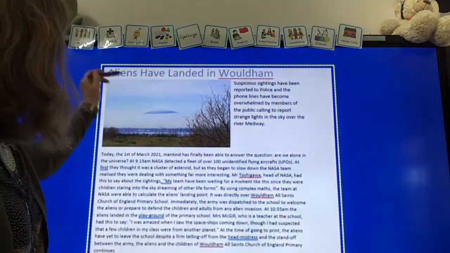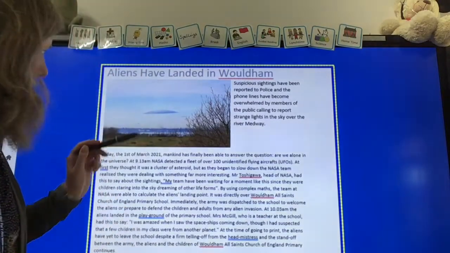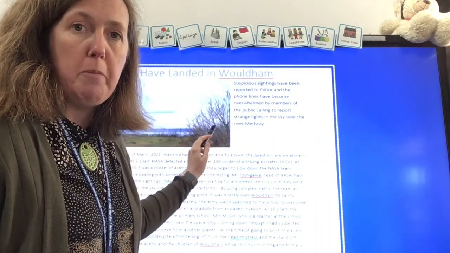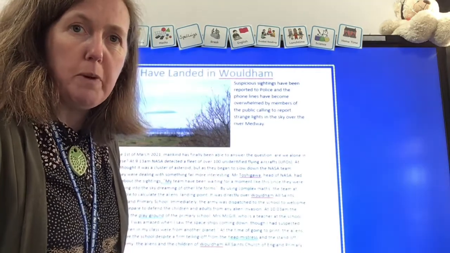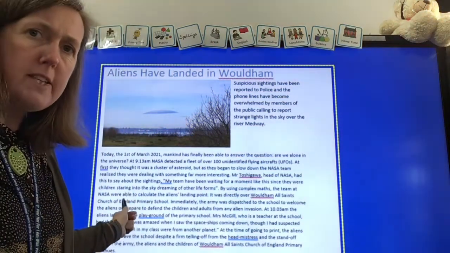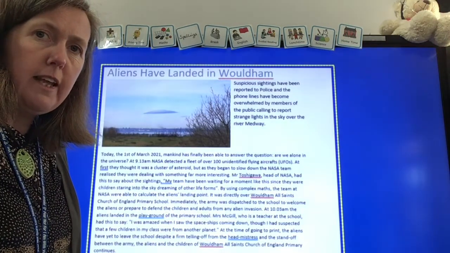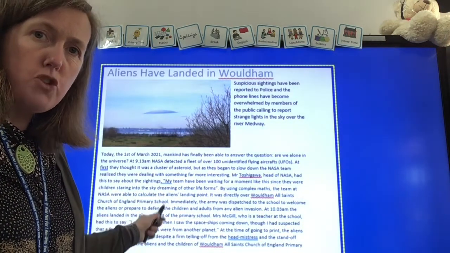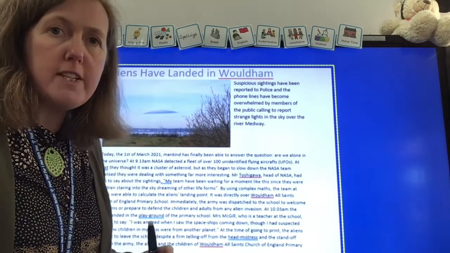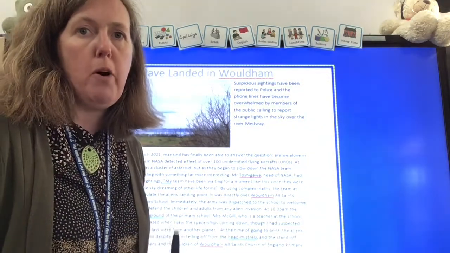I've got all the other bits though that I need to have, but I also haven't put who it's from. I've not remembered my byline. I wonder if you're going to be able to remember all of the things that you need to include. Was there any passive and active voice in there? You need to make sure that when you're writing, it's really formal. We're not writing a text, we're writing a newspaper article.